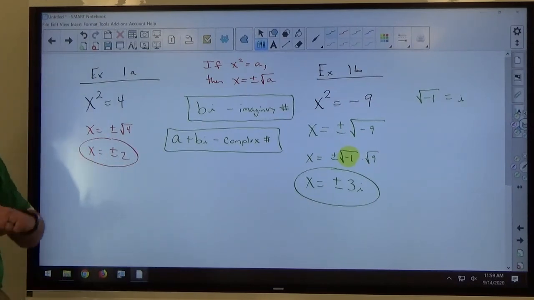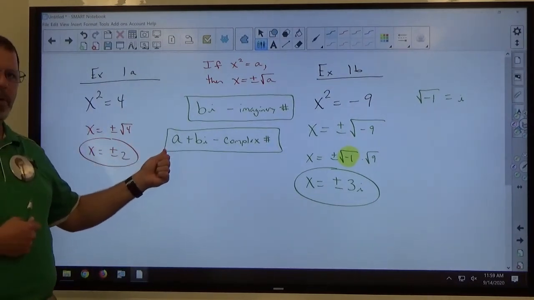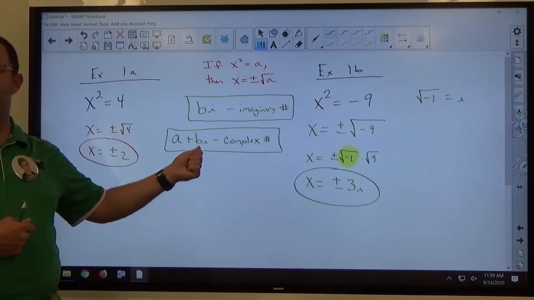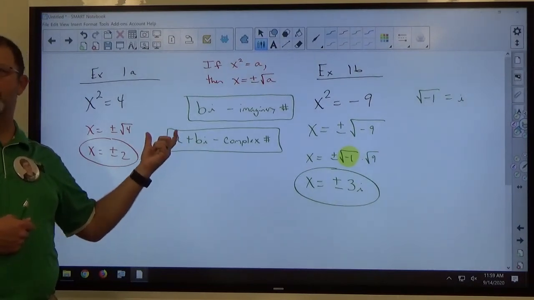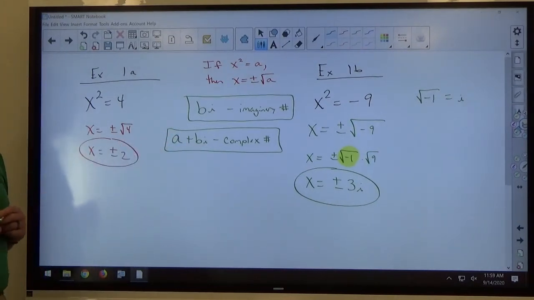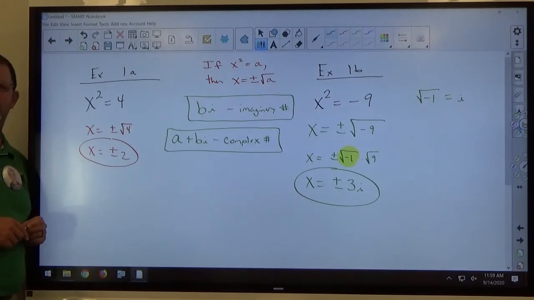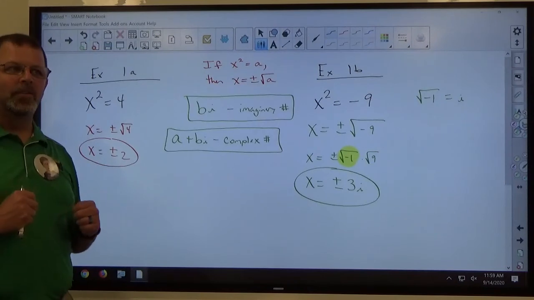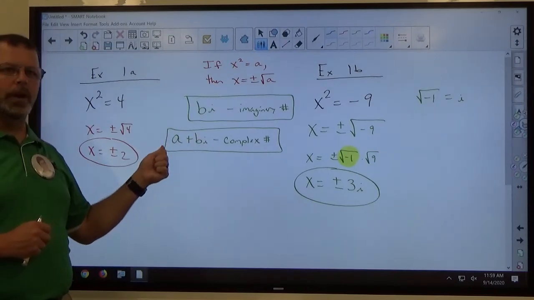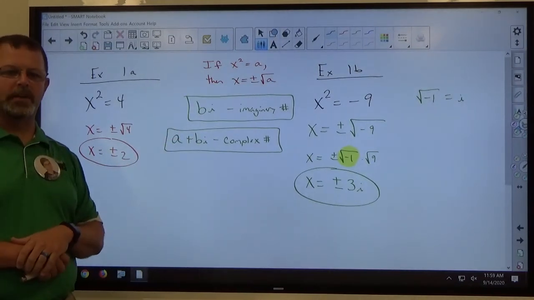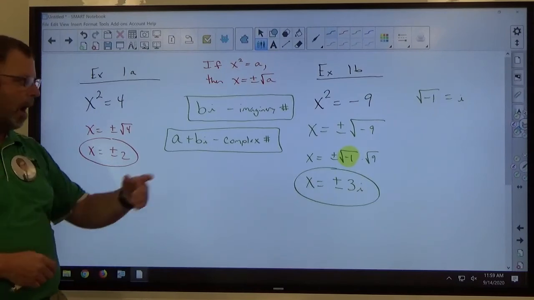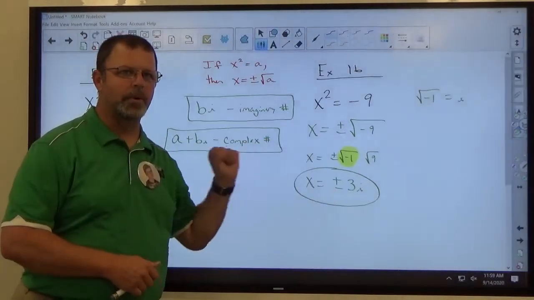When we write complex numbers correctly, it's the real part first, the imaginary part second, every single time. I want proper structure on these every single time you do it. It doesn't matter today, it matters later. So I want to create a good habit now. Anytime we write a complex number, it's always real number first, imaginary number second. Obviously, this one only has an imaginary number.